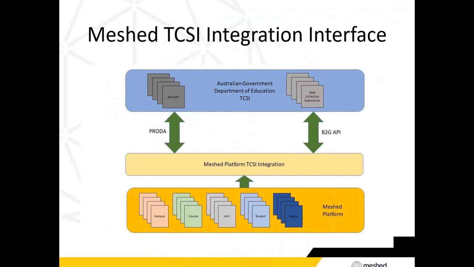The process we have undertaken is to enable you to have an interface within your Mesh platform to update data, do the reporting, and then receive the information back from the TCSI service, to ensure all of this information is linked between your platform and TCSI mechanisms.